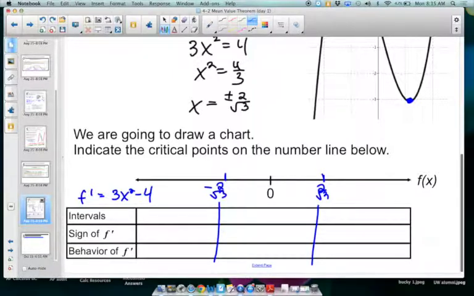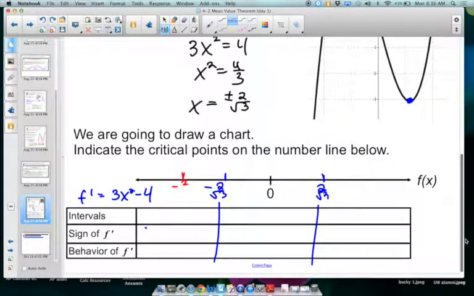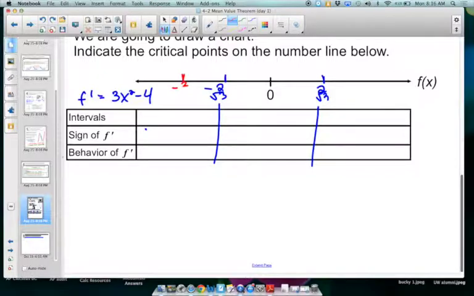So what if we tested it by putting in -2? If we put in -2, then we have 12 minus 4, which is 8.